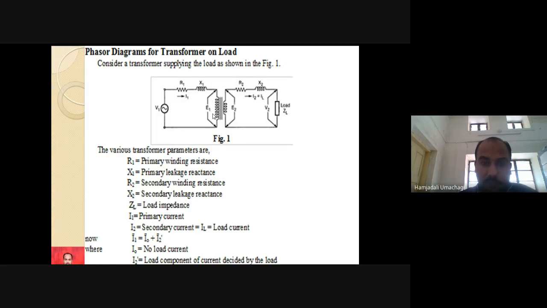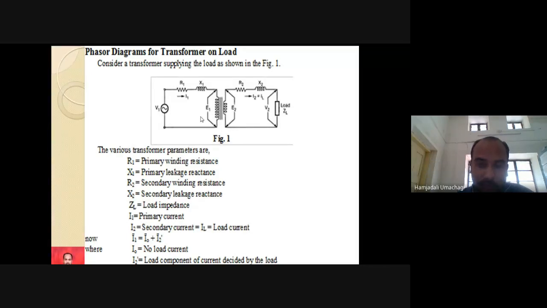But this voltage drop opposes the source. If there is opposition, there will be a negative sign, not positive. So we write I1 R1 plus I1 X1, but in place of plus, we take minus for E1, because there is opposition.